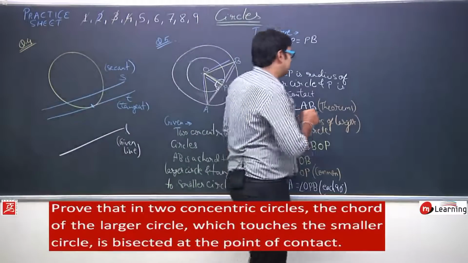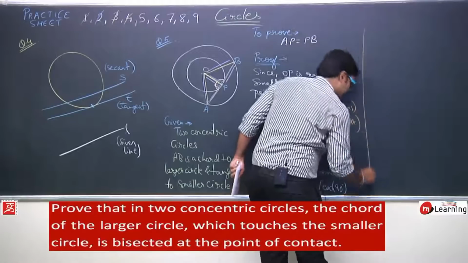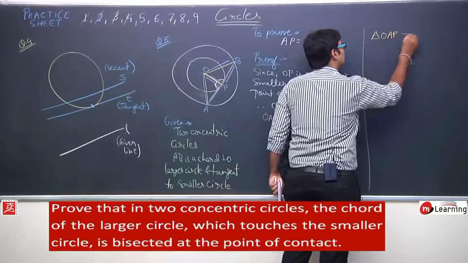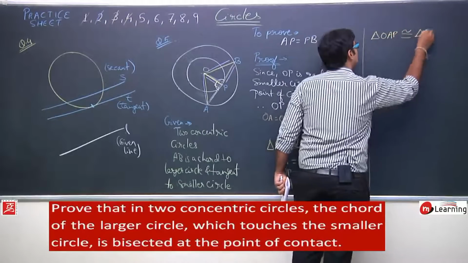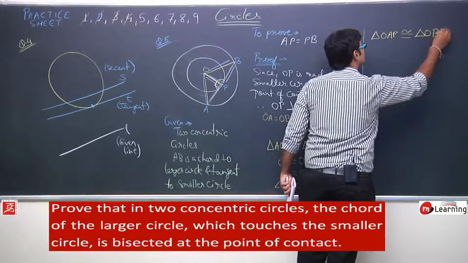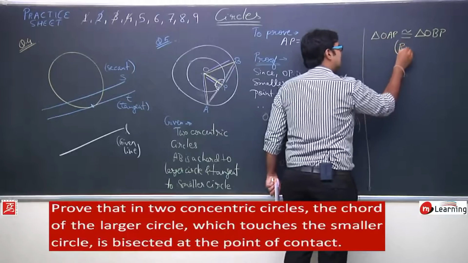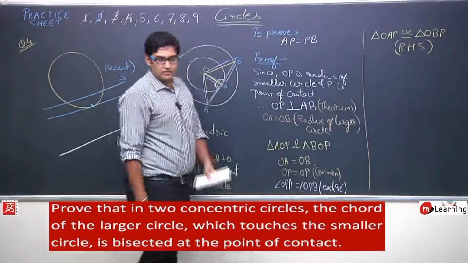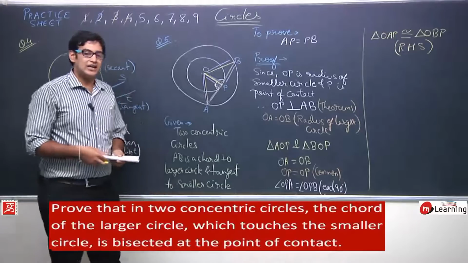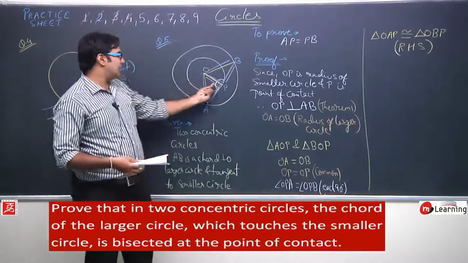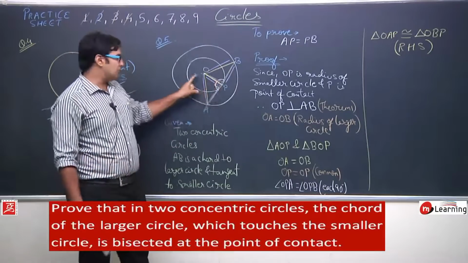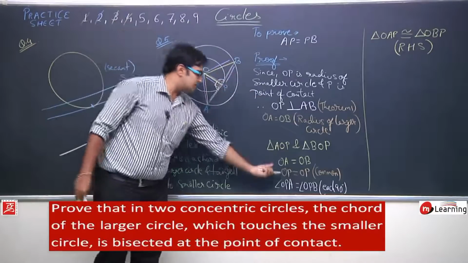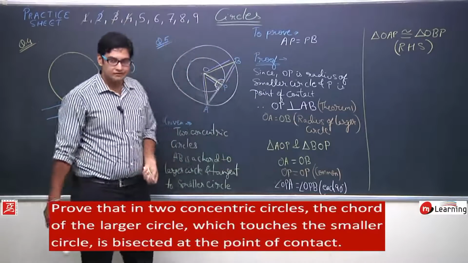So what I can write is that triangle OAP is congruent to triangle OBP. The reason is right angle, hypotenuse, side. They are congruent because of the RHS criterion. The right angle is equal, hypotenuse OA and OB are equal, and the side OP is equal to OP, which we have already written.